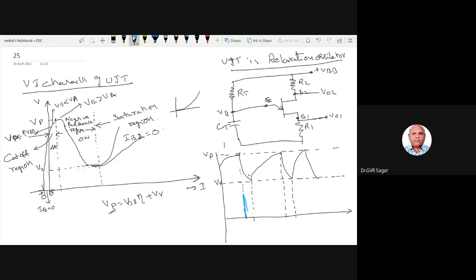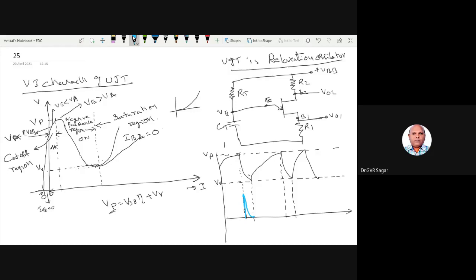So this is the on time. The capacitor is on up to this time, right? In this time, the capacitor discharges through emitter to base one. It fires means it is on state. On state means it is a negative resistance region. So immediately the voltage across the capacitor decreases to the valley point, right?